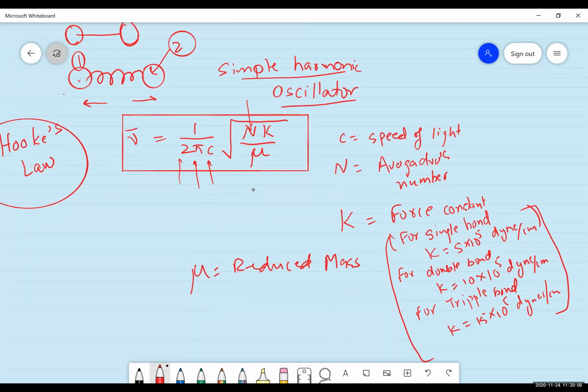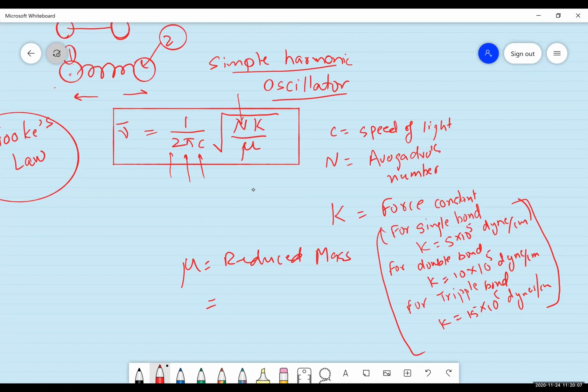So reduced mass is calculated by mass of atom number 1 multiplied, it's not molar mass, it's the mass of one atom, times mass of atom number 2 divided by the sum of the two masses. So this is called reduced mass.